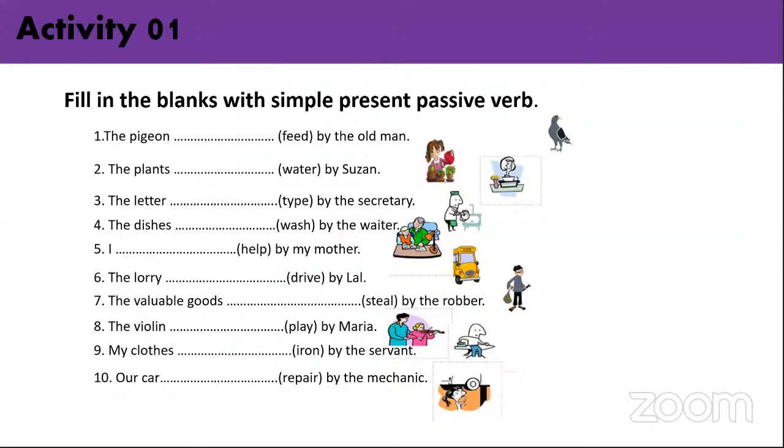So quickly write down the verb. I'll give you 2 minutes to do that. Let's see whether you can remember. You have to find the past participle form of these verbs given in brackets.